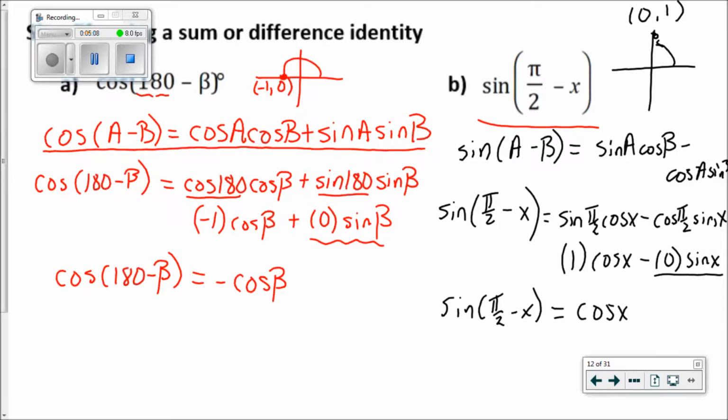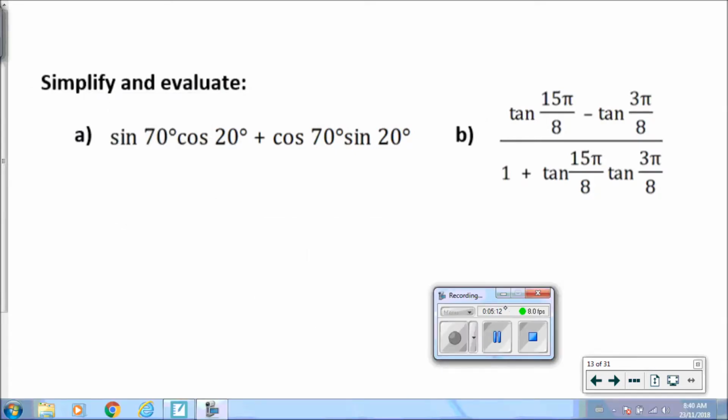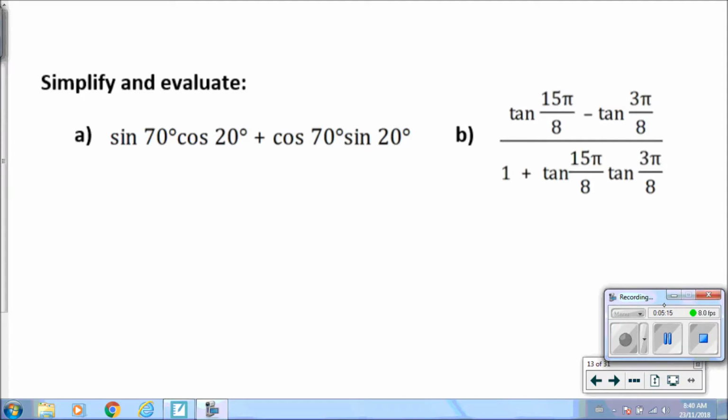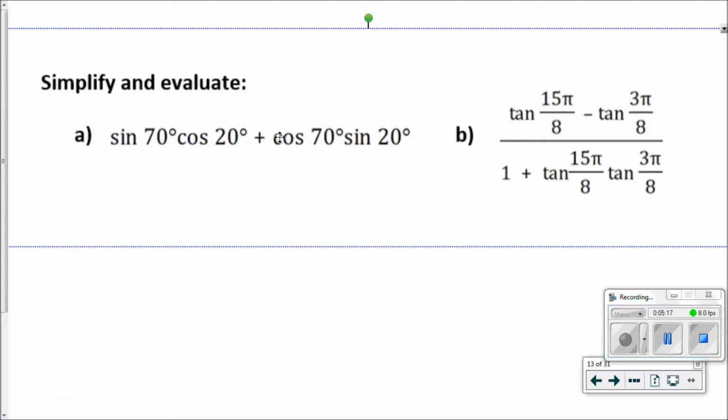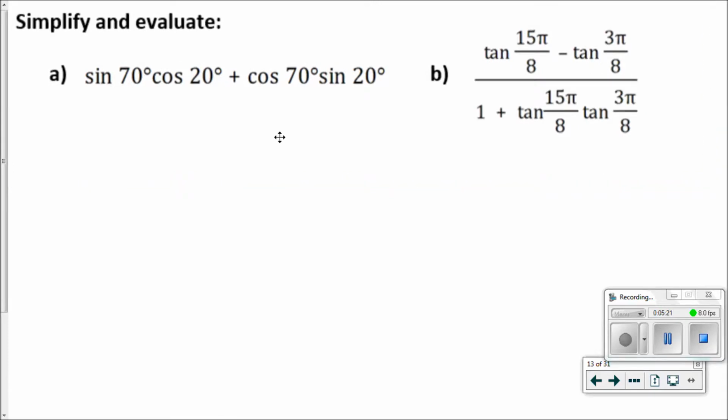All right. In the next example, we are simplifying something and then evaluating it. We're determining the value of this. So in this case, I've got the sine of 70 cosine 20 plus cosine 70 sine 20.